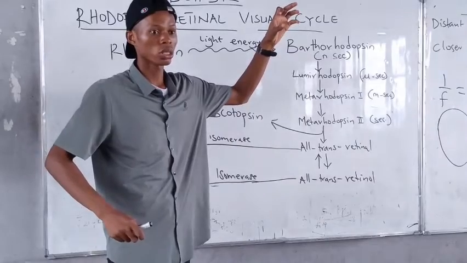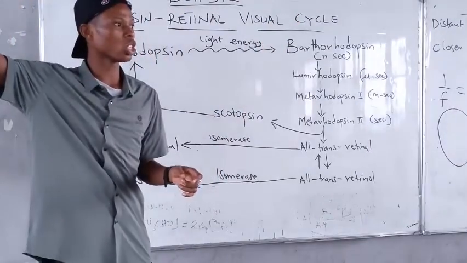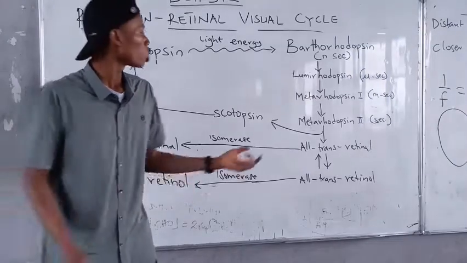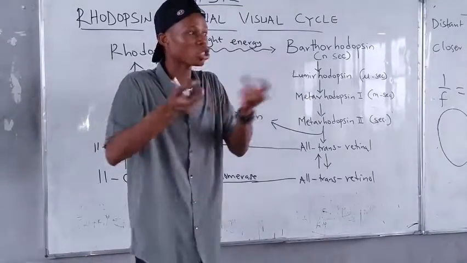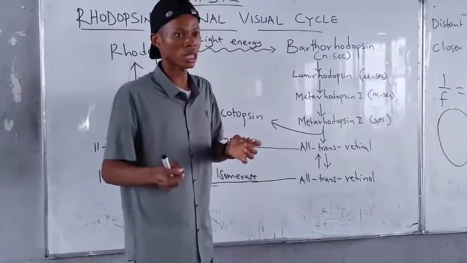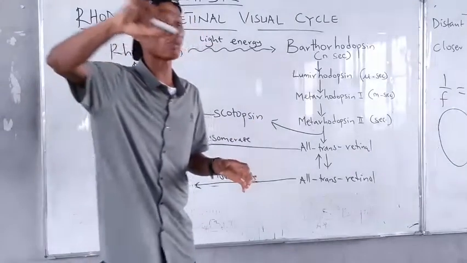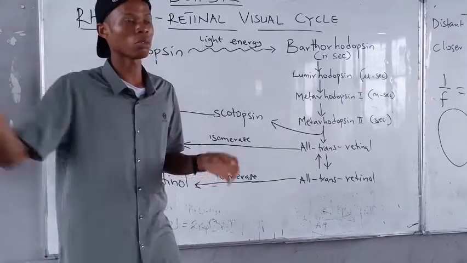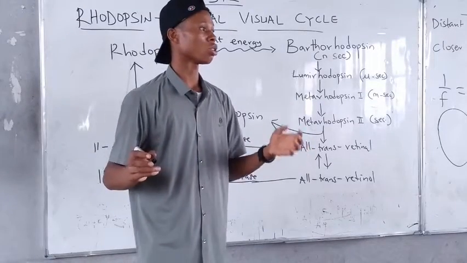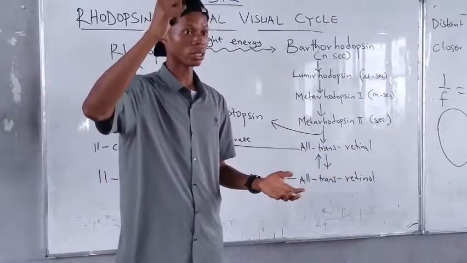And the rod then transmits the information to the central nervous system. So it is this metarhodopsin 2 that excites electrical charges in the rod cells. As electrical charges are excited in the rod cell, impulses are sent to the central nervous system. Already you know that the central nervous system consists of the brain and the spinal cord. So we are talking about the brain here.